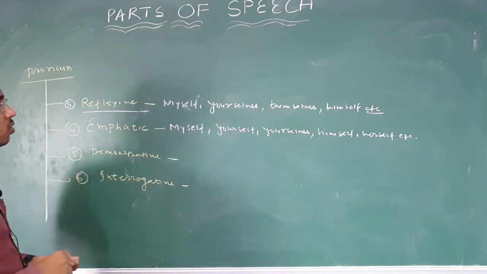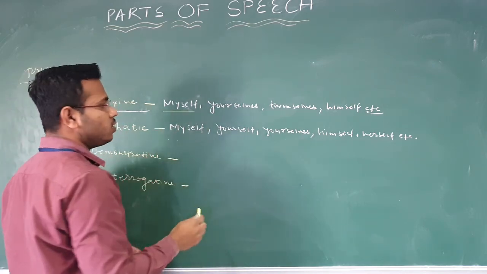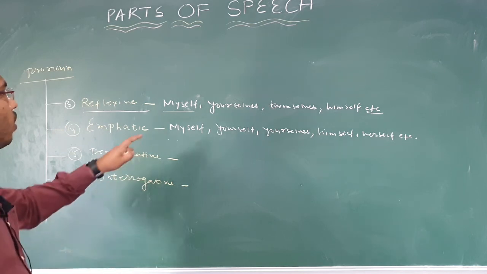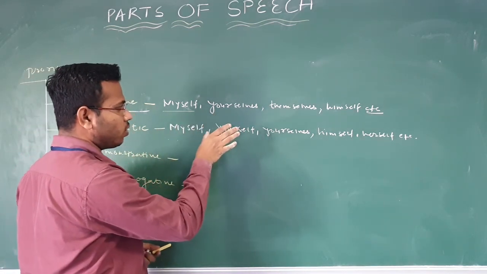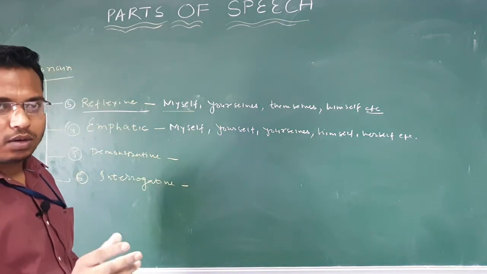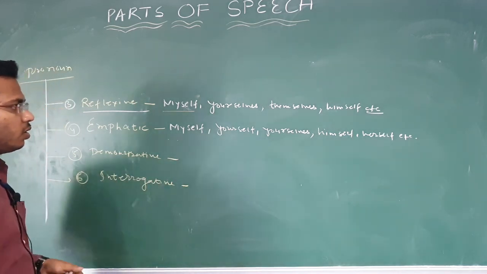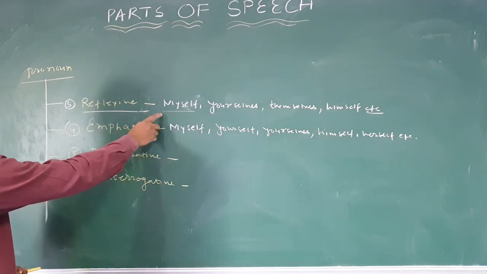Okay. So when a word receives the action, it's important, hear me out very attentively: reflexive pronouns are those words which receive the action done by the subject, or we can also say receiver of the action.